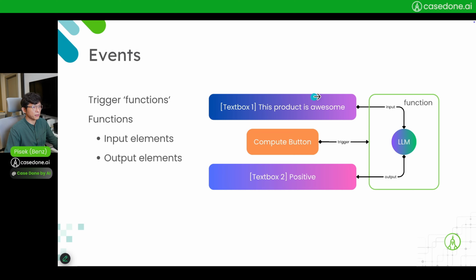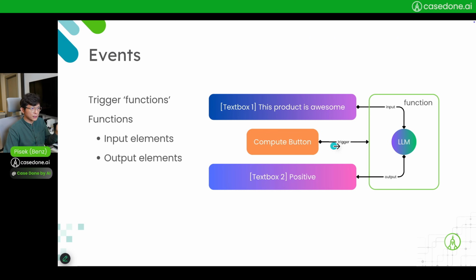This is an example. So I have 2 text boxes, text box 1 and text box number 2 here. I want this one to be an input to a function, and I want text box 2 to be an output from a function. And this is the button. The event that I want to monitor is the button click.